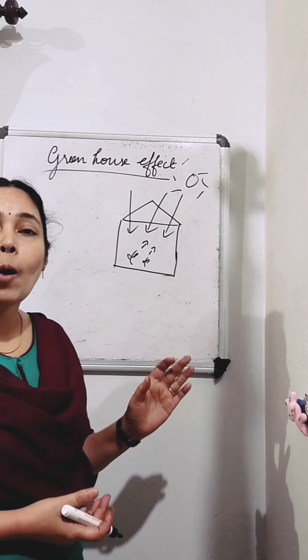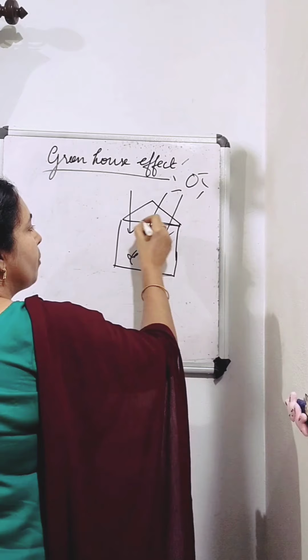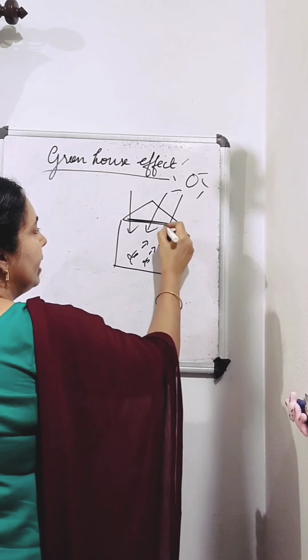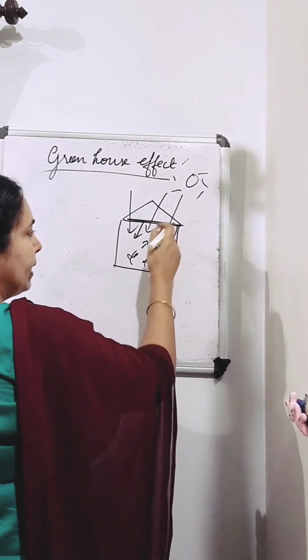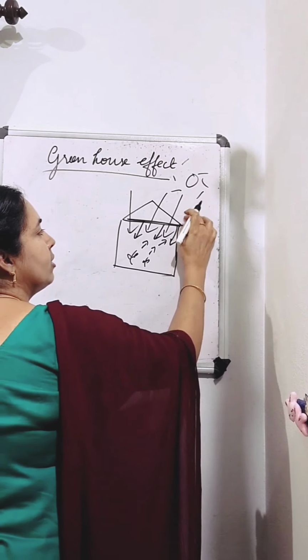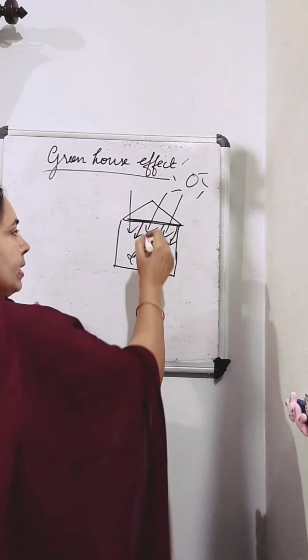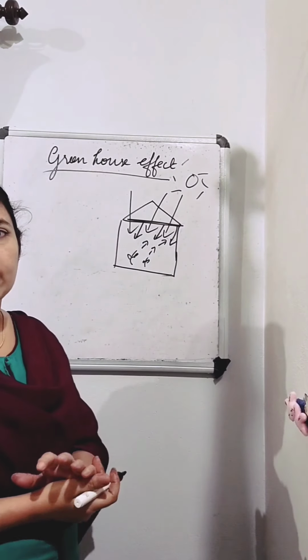This is absorbed or reflected back by the glass roof. That means the glass roof won't allow the heat to go outside. So the heat is trapped inside the glass house itself.